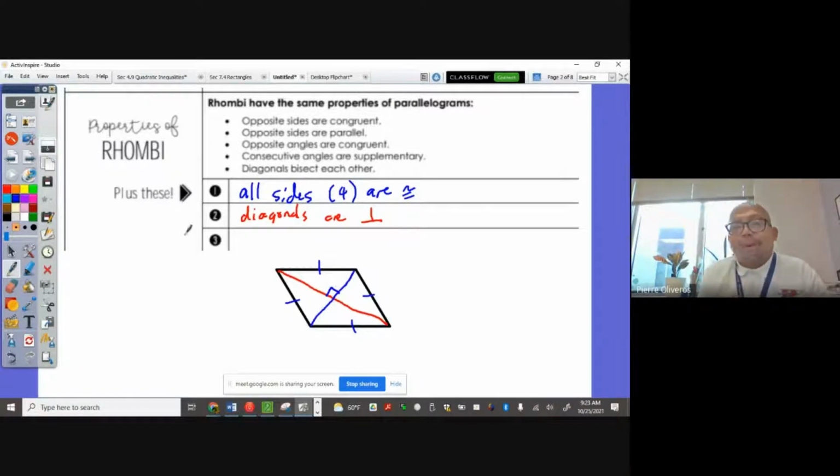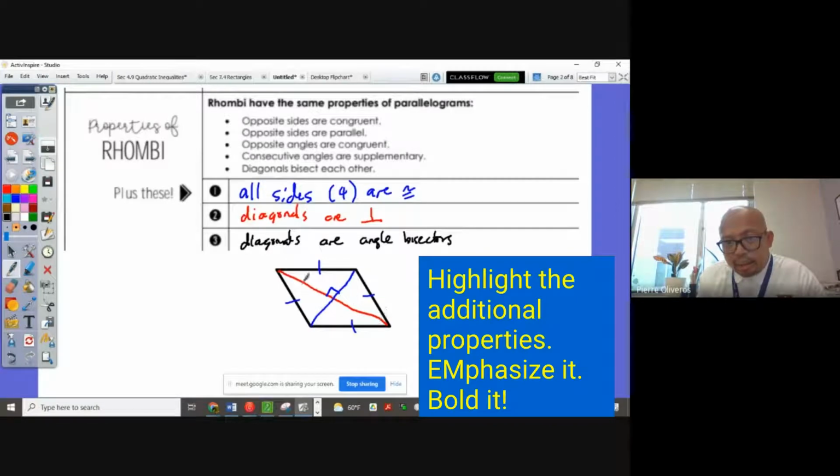And the last one here is that the diagonals are angle bisectors. Meaning this red diagonal here is an angle bisector. That means these two angles here are equal, and likewise with this one here.